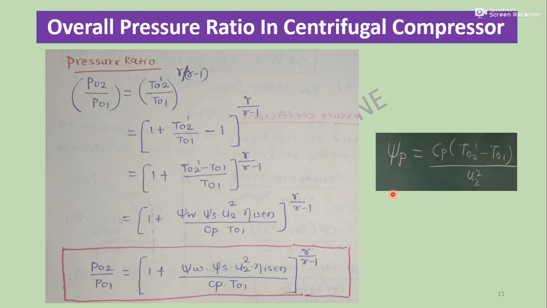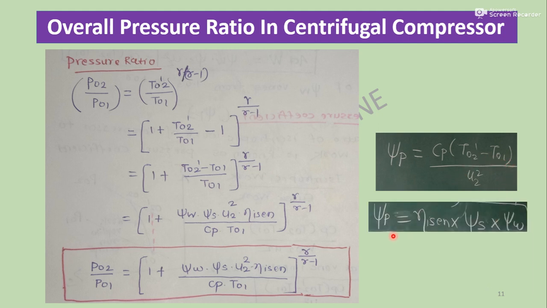Now we already know psi p is equal to Cp into T02 dash minus T01 divided by U2 square, and another relation, psi p is equal to isentropic efficiency into psi s into psi w. So for Cp into T02 dash minus T01 we can have psi p into U2 square, and for psi p we can substitute this.